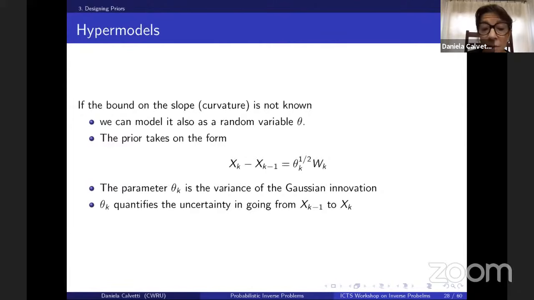So we rewrite the conditions exactly as we did before, except that right now the white noise here is scaled by a parameter that is really the variance of the Gaussian innovation. But since we don't know it, it's a random variable. And if it's a random variable, it means that we need to describe that also.